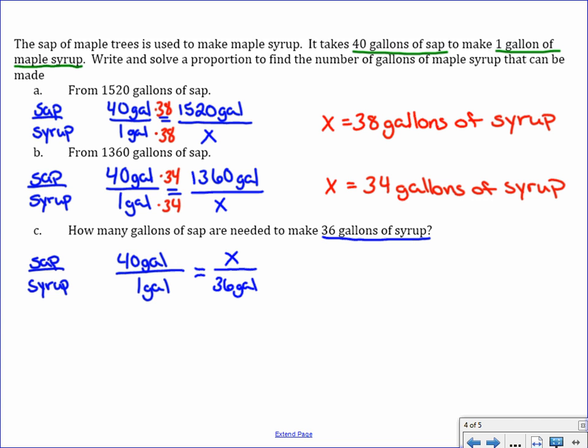And I need to find out how many gallons of sap we use. Since 1 times 36 will get us the 36 gallons of syrup, I take 40 times 36 and find that x is equal to 1,440 gallons of sap.